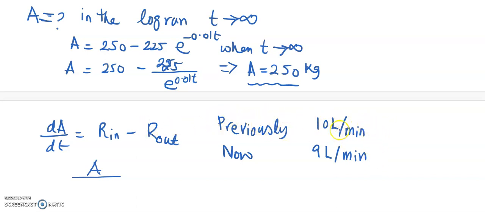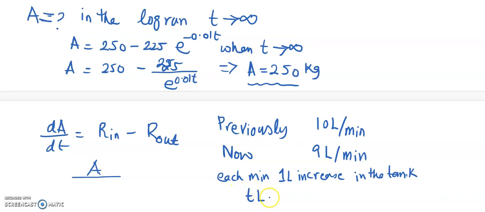So in each minute there is an increase of 1 liter of brine in the tank. This means that in T minutes, there will be a T liter increase.